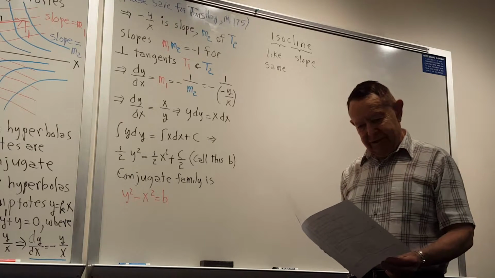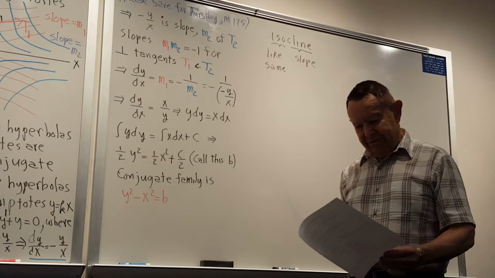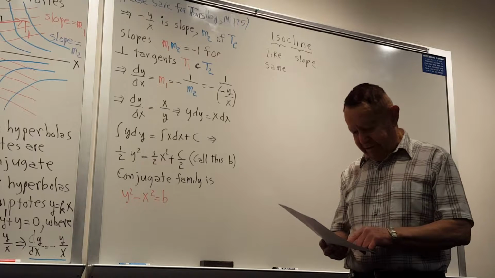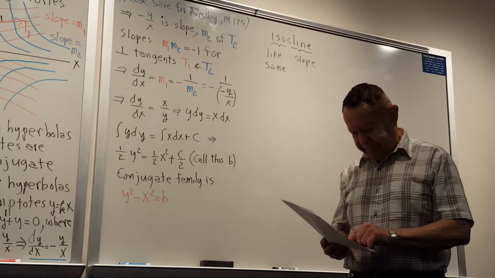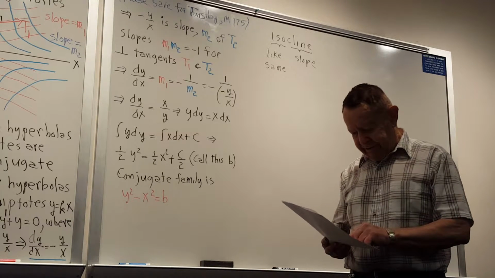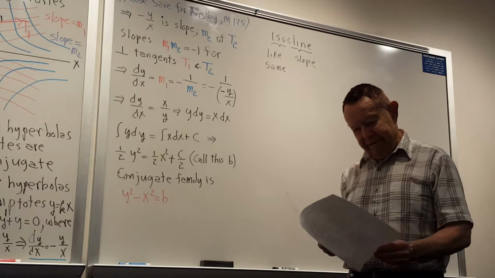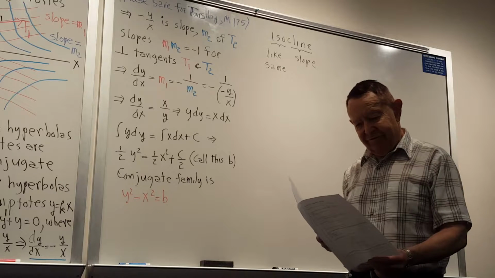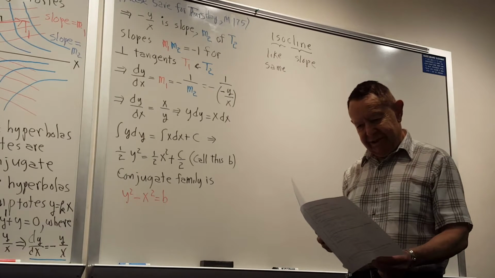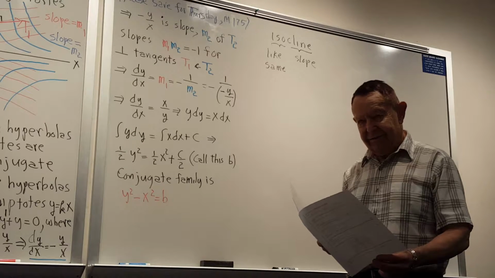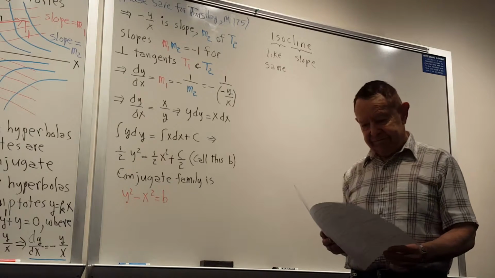If you look carefully, you can identify points like 0, minus 1 or 0, 1 and see that they're on one or the other of those yellow curves.